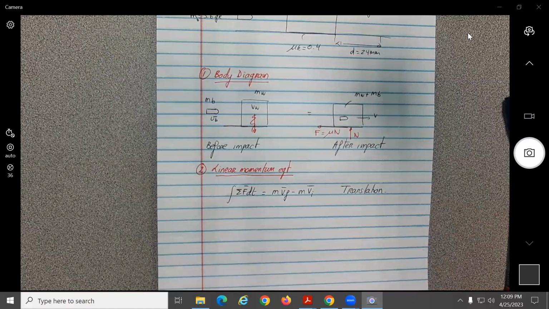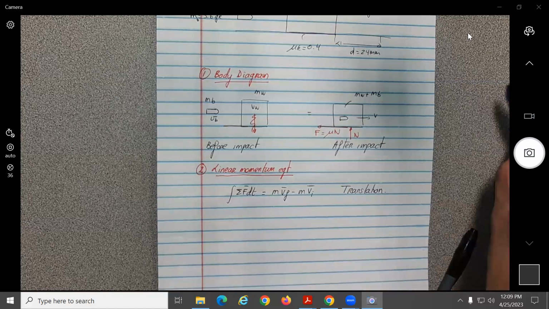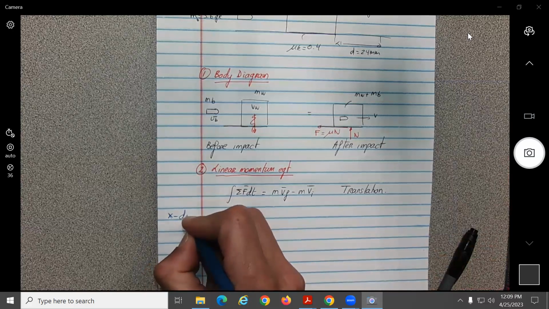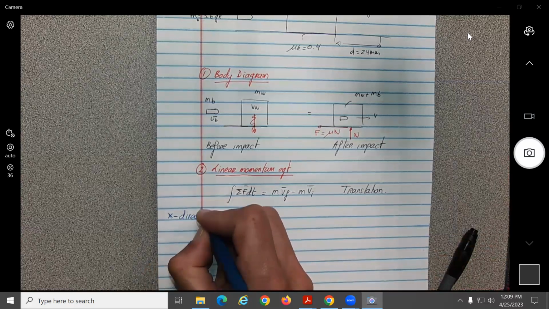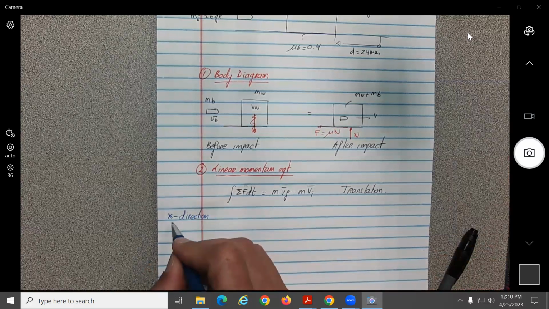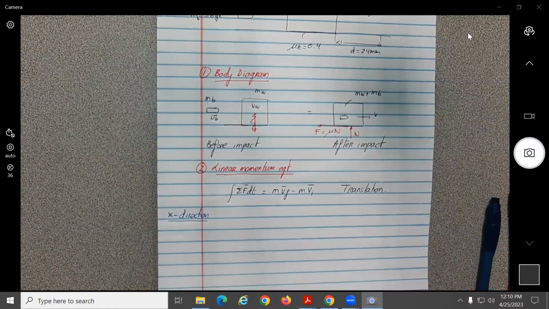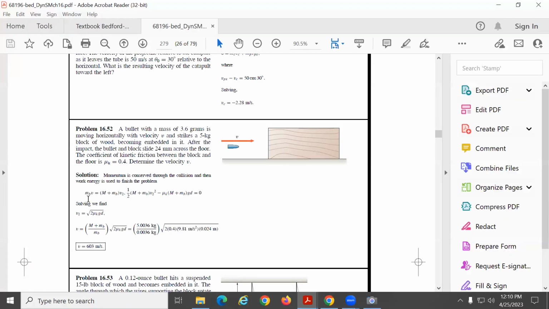Okay, so if we apply this equation in the x direction, which I think is what they did here. Okay, I'm pretty sure. Yeah.